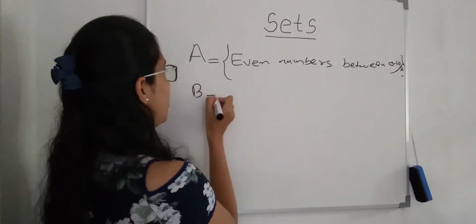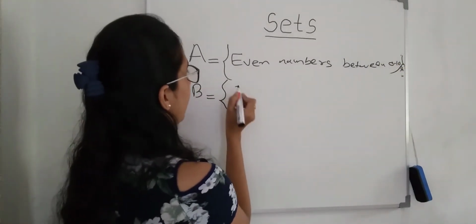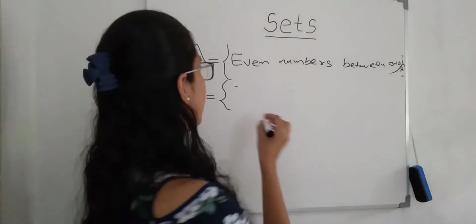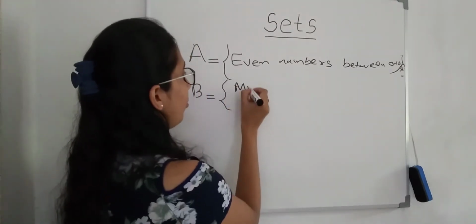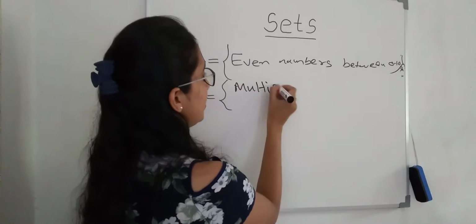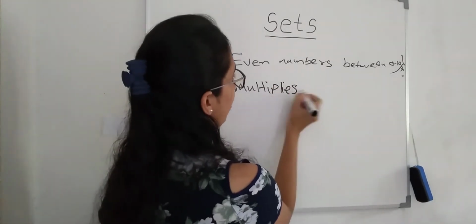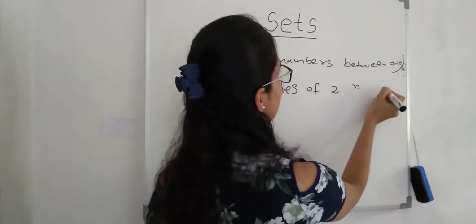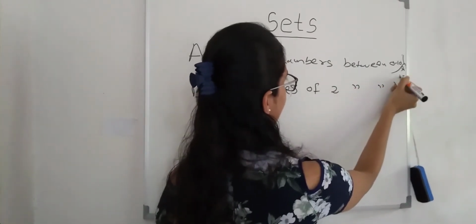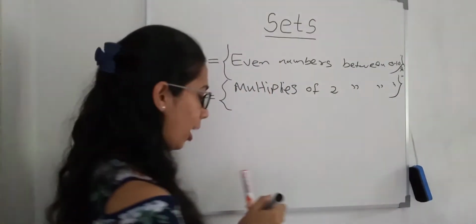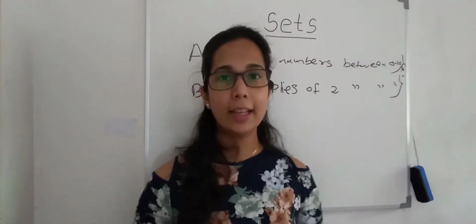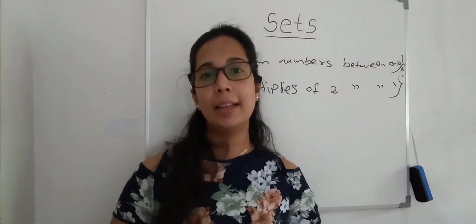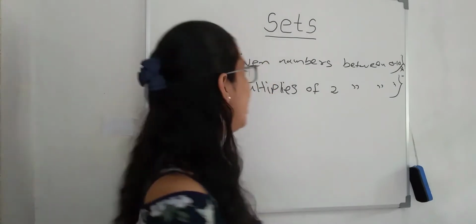And the set B shows multiples of 2 between 0 and 10, right? Now I am going to teach what is meant by equal sets, right?